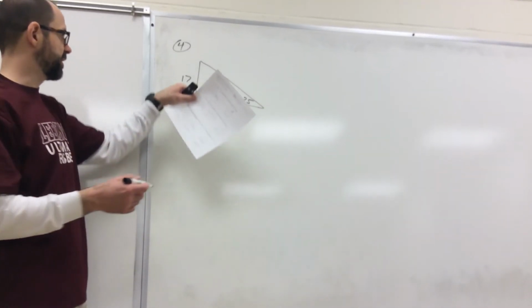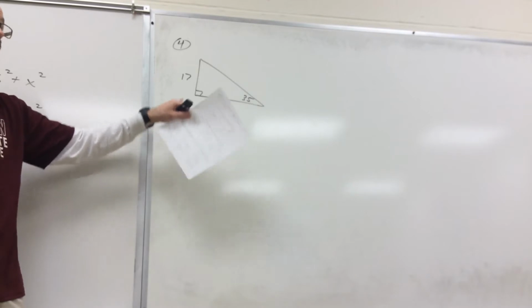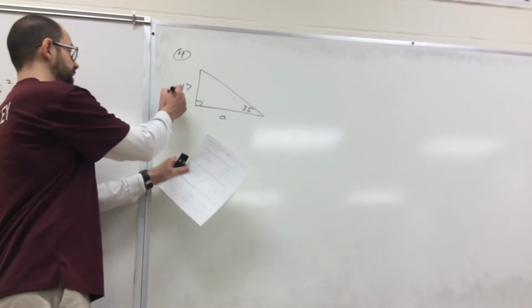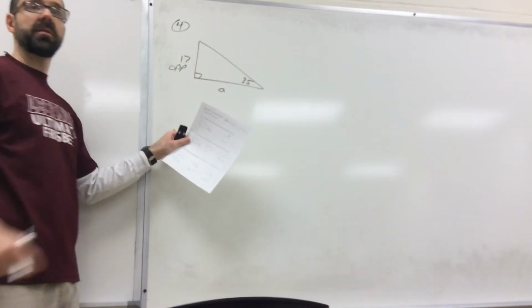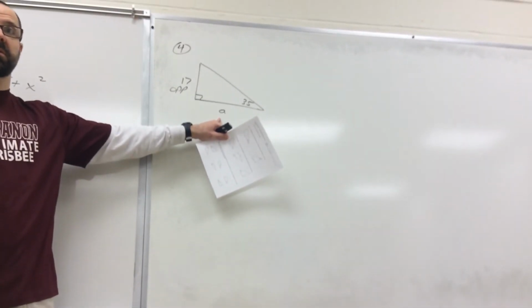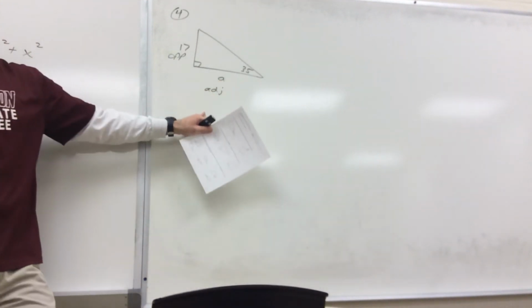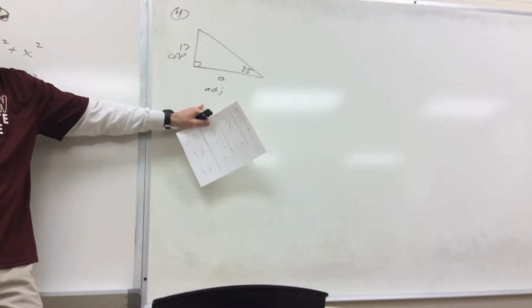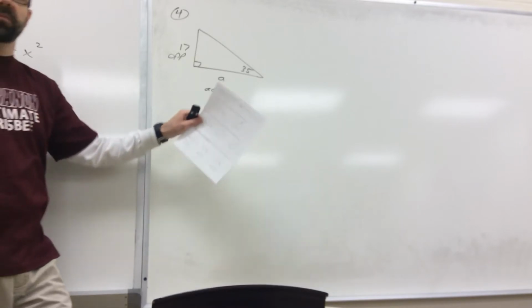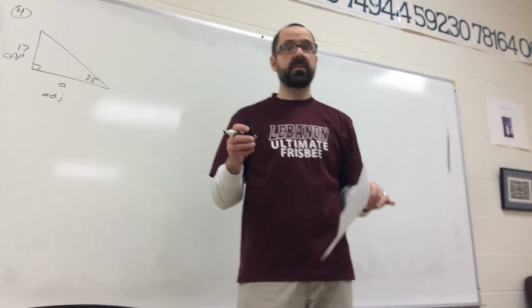Okay, so 17, is that the hypotenuse? It's opposite from 35, right? So 17 is opposite, and then the A is adjacent. Everybody good with that? All right, since we're doing opposite and adjacent, that's the tangent.